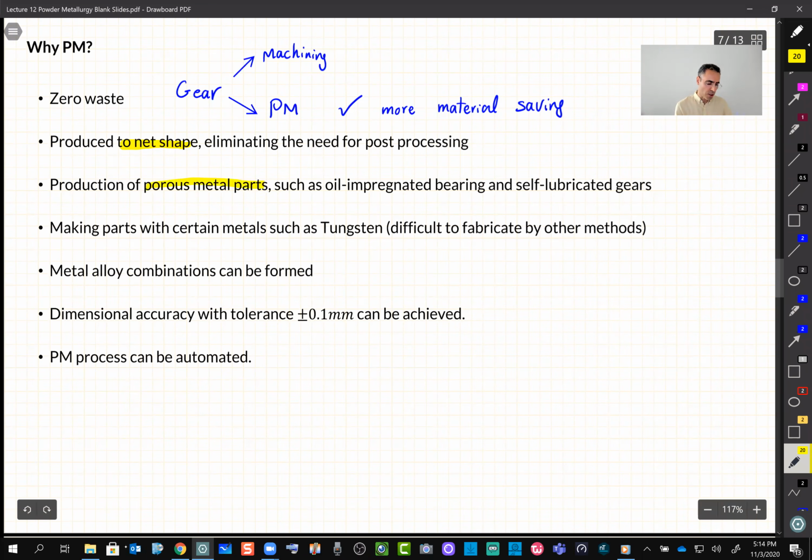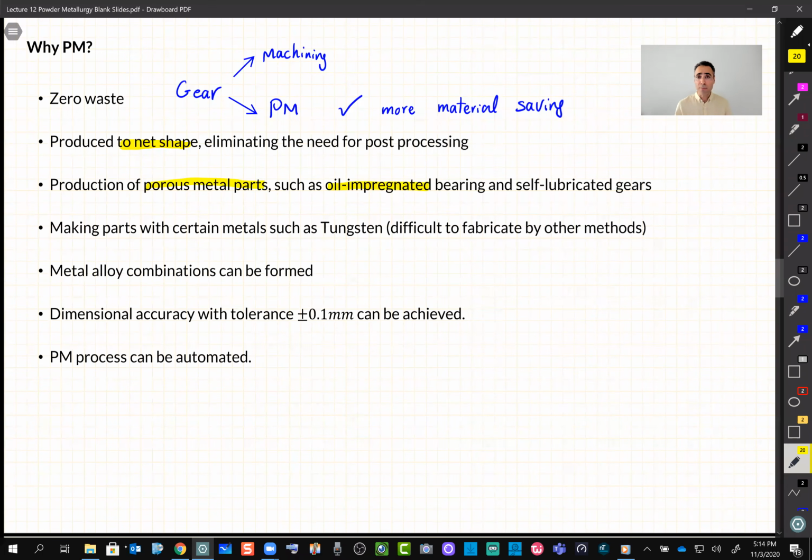The porous metal, which I will talk about a little bit later, is something we call oil impregnated. As I said, we can make a part which has this oily texture to it, and we can use it for self-lubricated bearing.